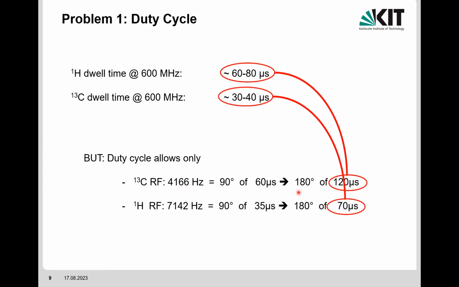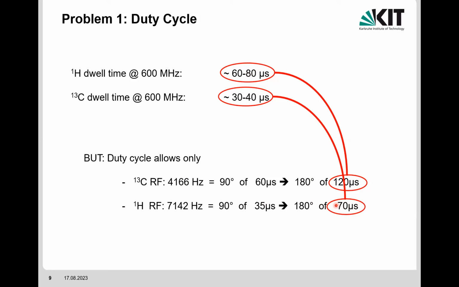And so a 180-degree pulse would be around 120 microseconds. And we see this does not comply with the dwell times we have. Also for proton decoupling, there we have about 70 microseconds for heteronuclear decoupling available, and that is too long compared to the dwell times we have. We cannot apply a 180-degree pulse between two data points that we acquire.